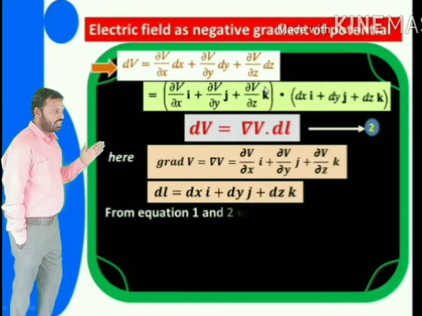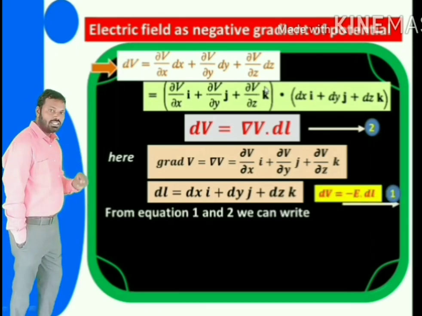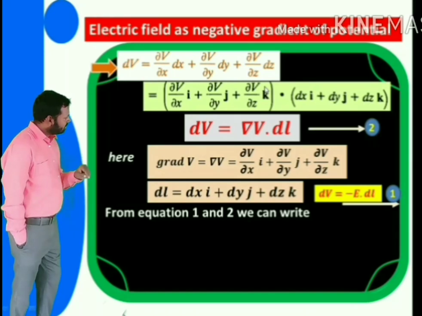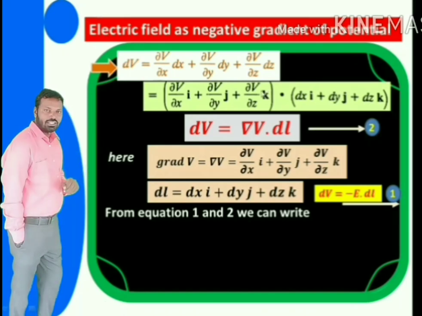From equation 1, see here, what is equation 1? dV is equal to minus E dot dl. What is equation 2? dV is equal to del V dot dl.